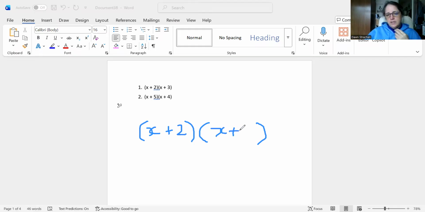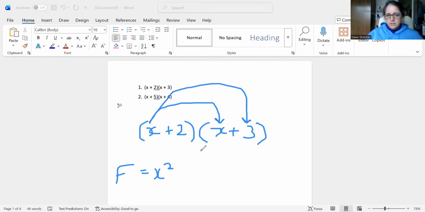So the first one is, they call it the FOIL method because what we do is we do the first times the first. So x times x will give us x squared. And then we'll go first times outer, so that's the O, and x times 3 gives us 3x.